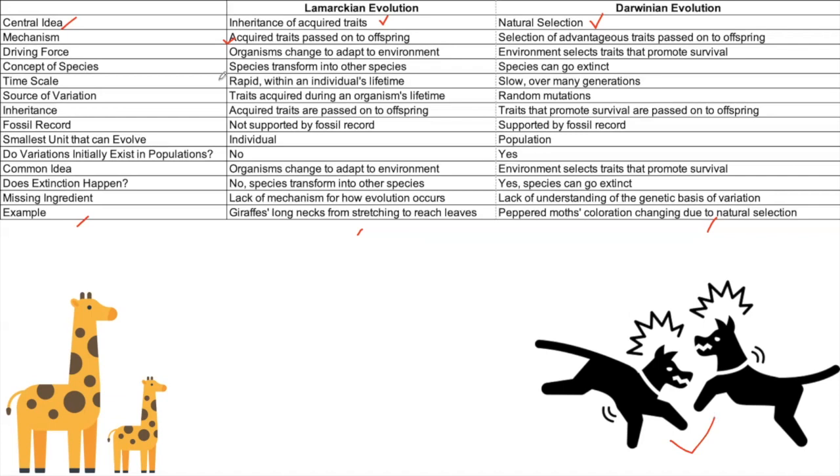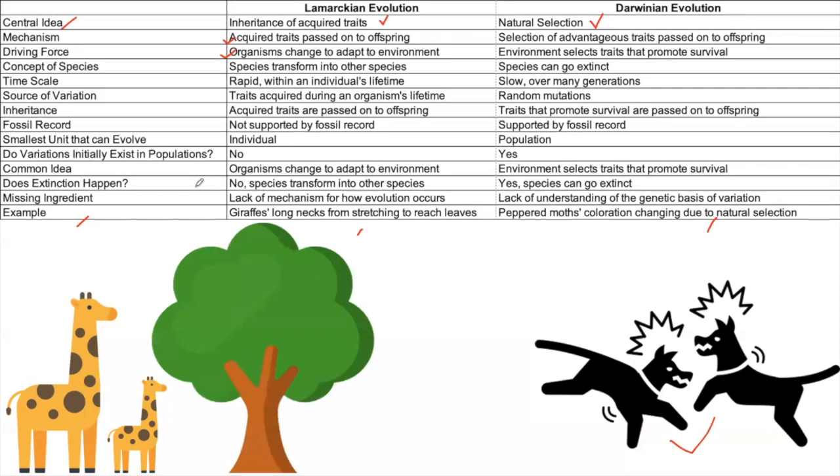Next, the driving force for Lamarckian evolution is that organisms change to adapt to the environment. This means that if an organism wants to survive in its environment, it must change something about itself to better fit in. For example, if a giraffe wants to eat leaves very high up in a tree, it must stretch its neck to reach them.